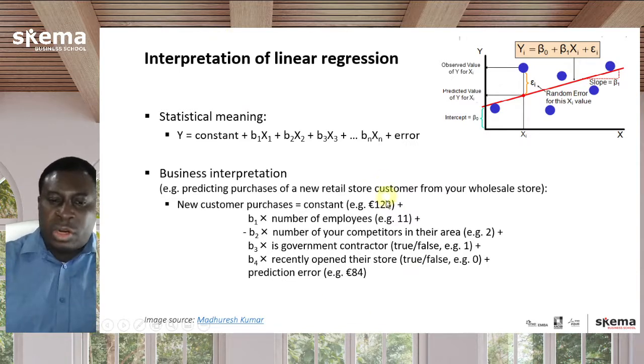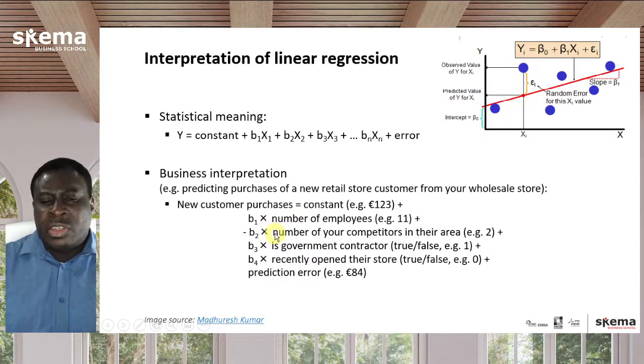It's just a starting baseline. They're going to buy at least that much. Then you look at the number of employees that they have, with the idea being that the more employees they have, for example, 11 employees, the more they will likely purchase from us because it means you're a larger volume store.